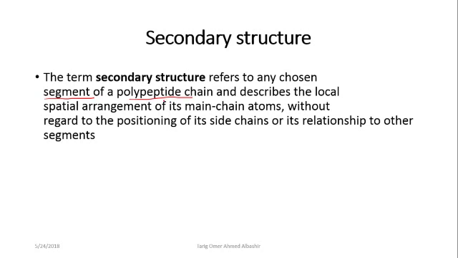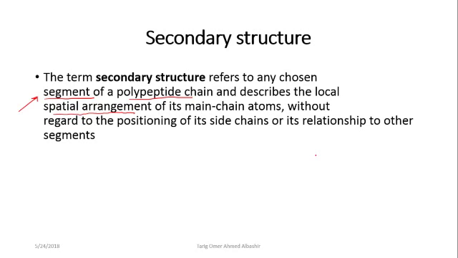It describes the local spatial arrangement of its main chain atoms, without regard to the positioning of its side chains or its relation to other segments. So the important thing here is the spatial arrangement, the spatial shape of the secondary structure of a certain segment of the polypeptide chain.